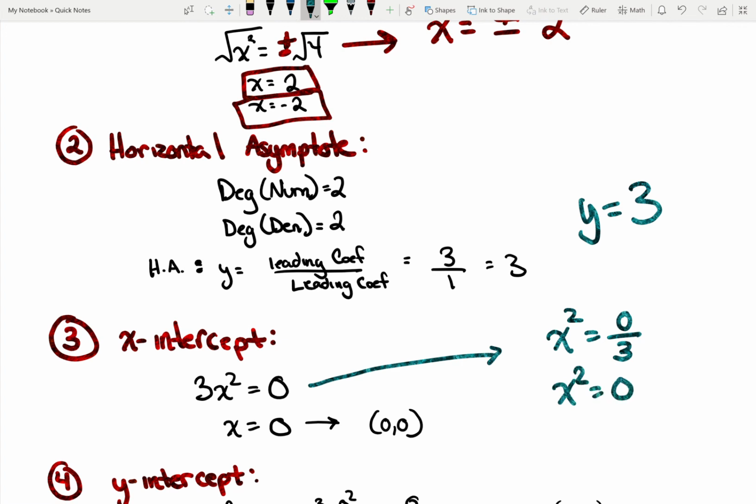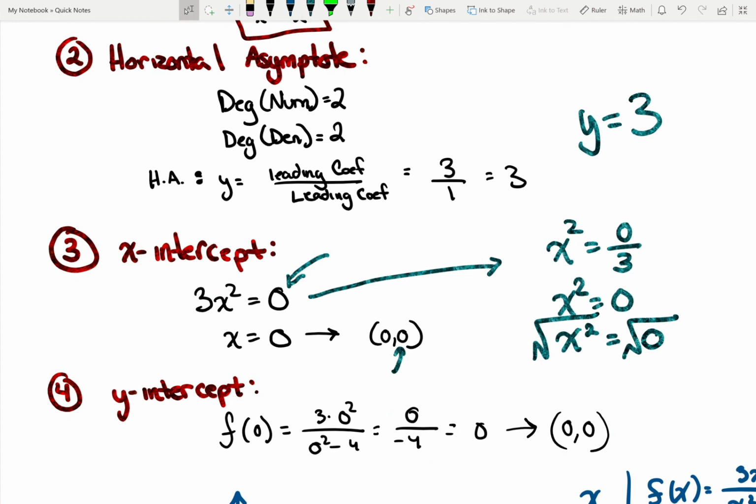And I take the square root of both sides, and this leads to x equaling 0. So that means when y is 0, remember we set y to equal 0, x is 0. So our graph crosses the origin.